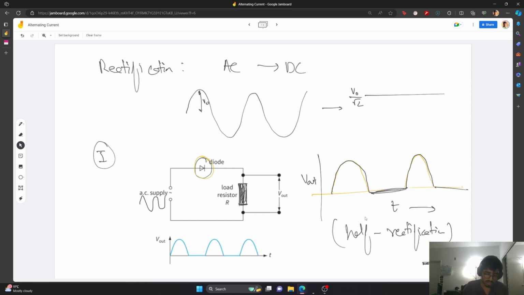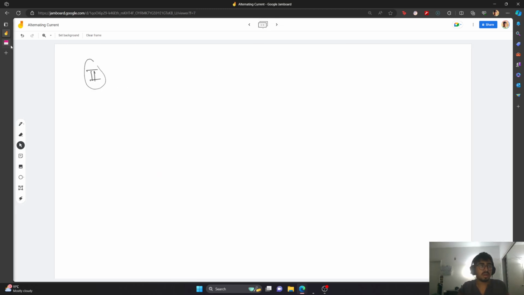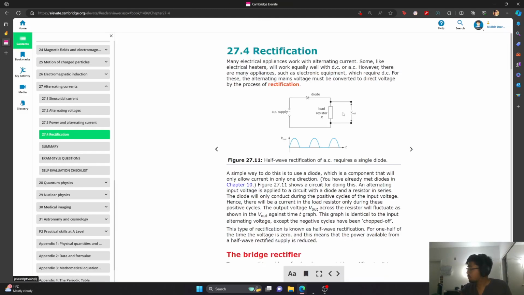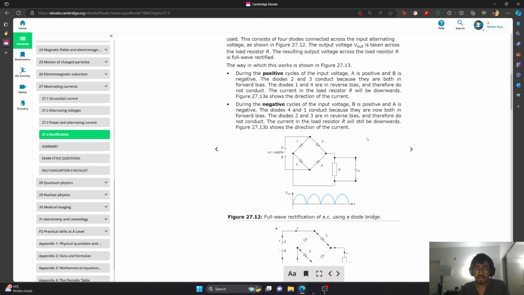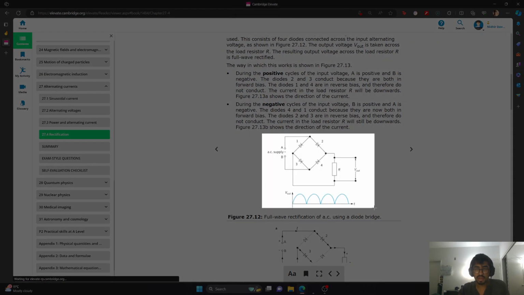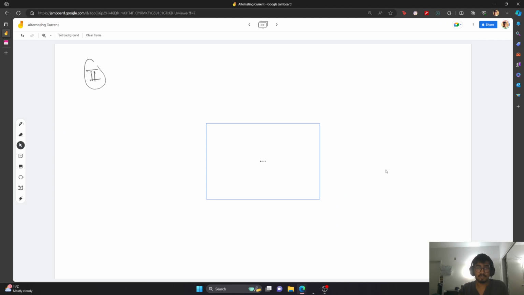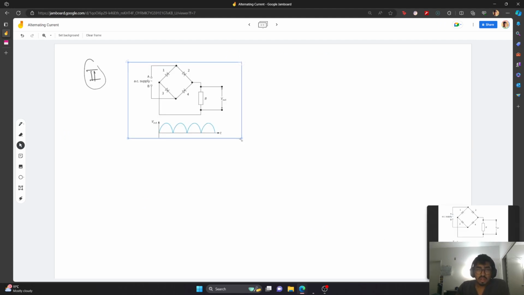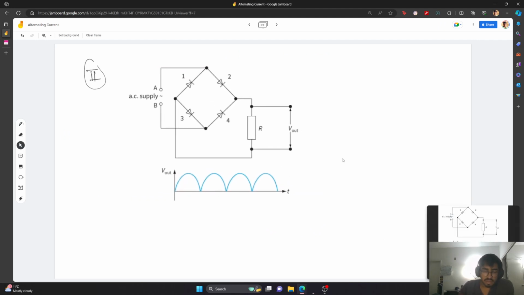So let's do another improvement on top of this. A secondary improvement looks something like what we call a bridge rectifier. In a bridge rectifier, instead of one diode in a simplistic formation, we have four diodes.